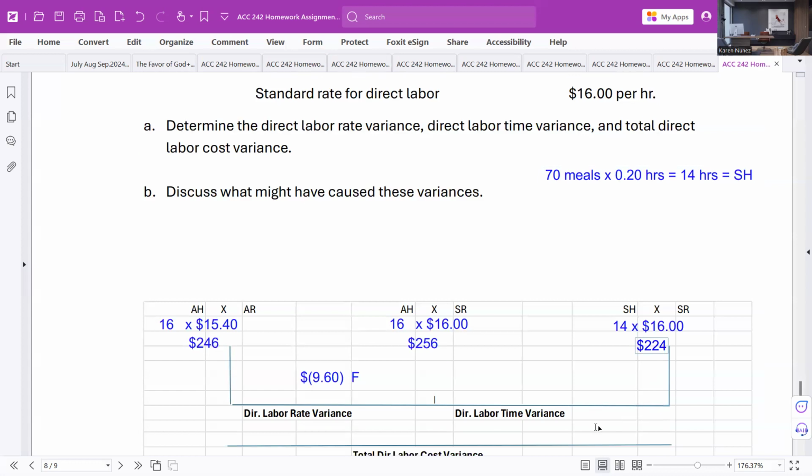So the unfavorable time variance is $32. And the rate variance, the 246 minus the 256, is the 9.60.